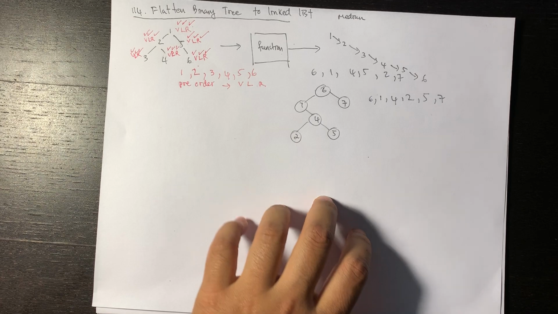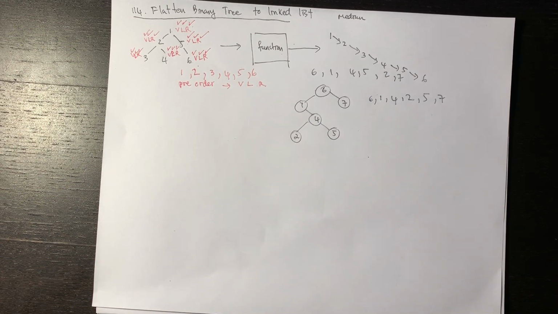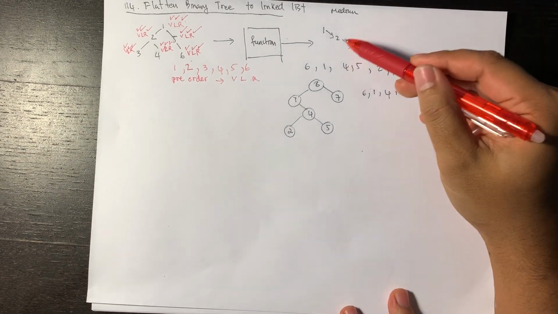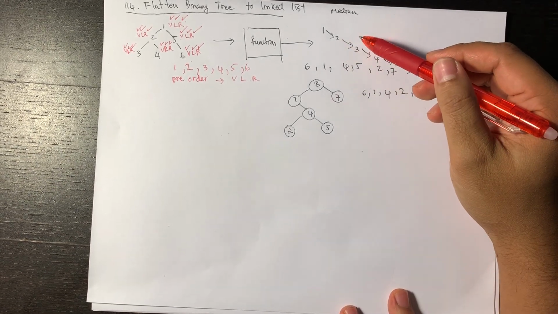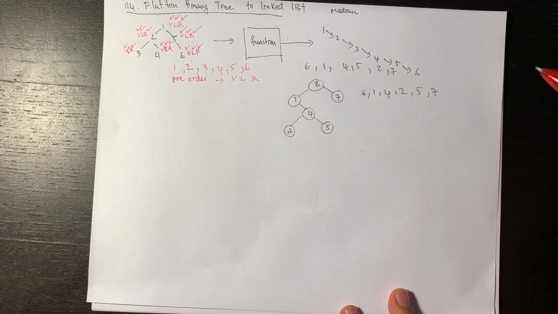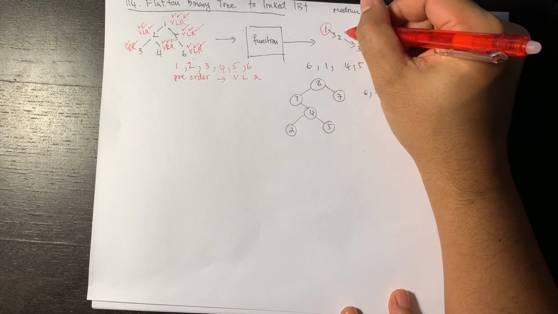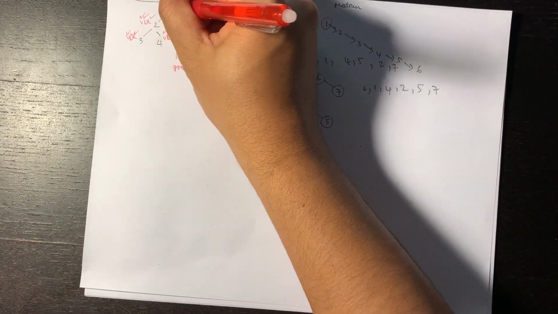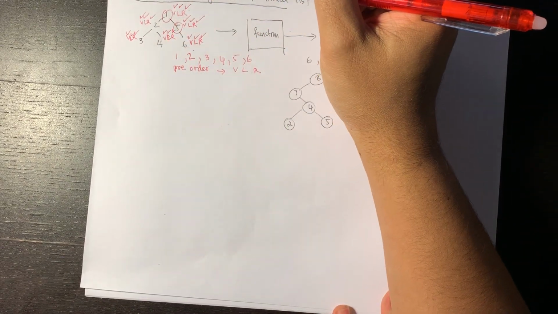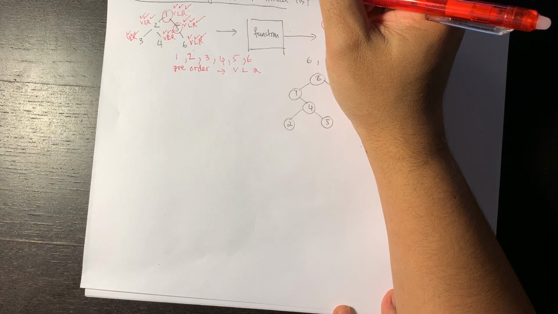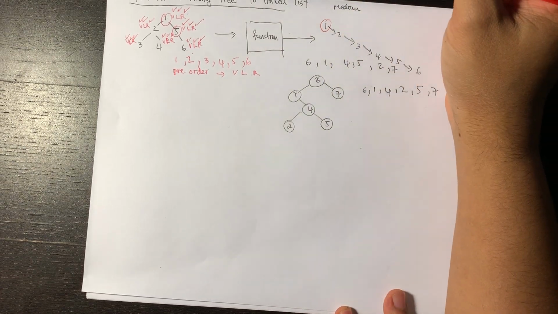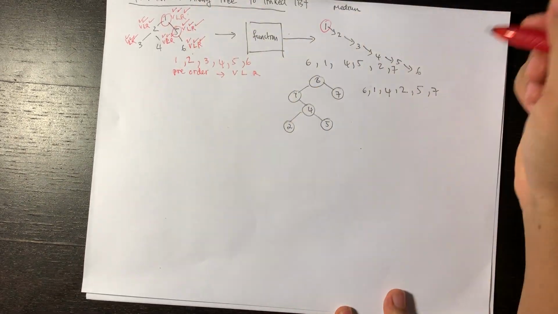Yeah, according to the hints on Leetcode, it says that if you notice carefully in the flattened tree, each node's right child points to the next node of pre-order traversal. Point it to here, yeah.